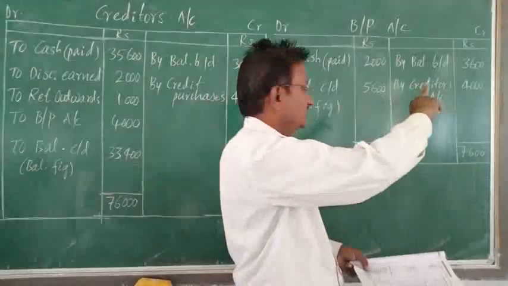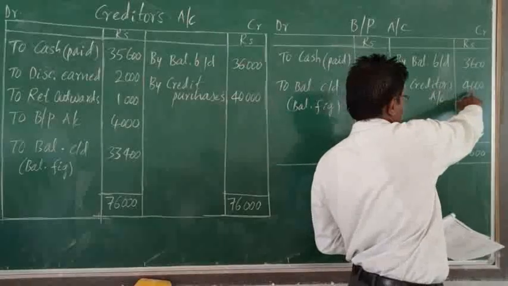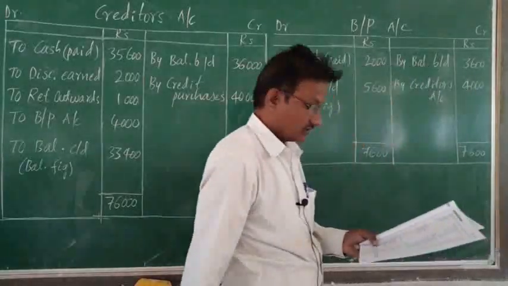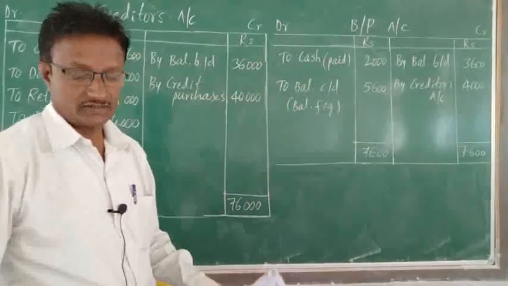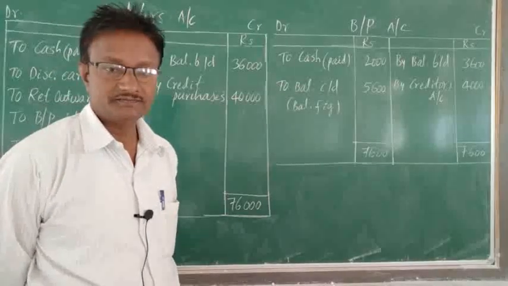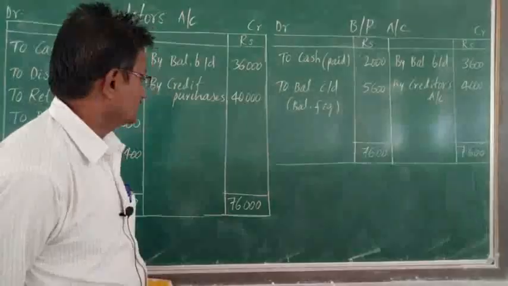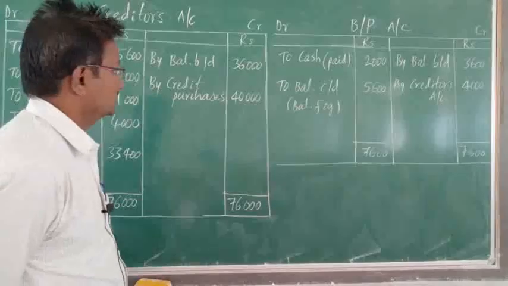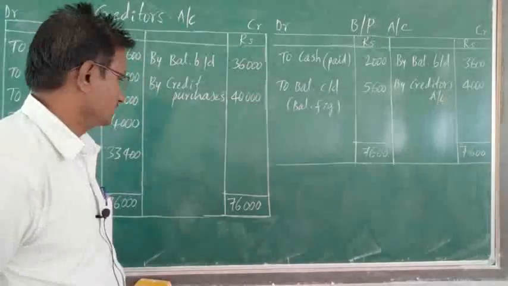This is a contra entry, by creditors account 4,000.